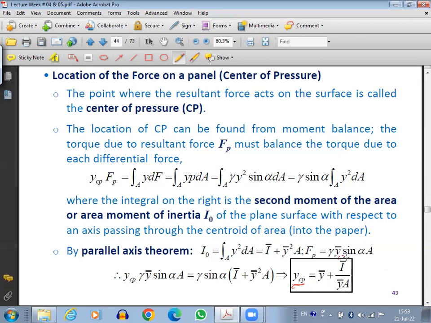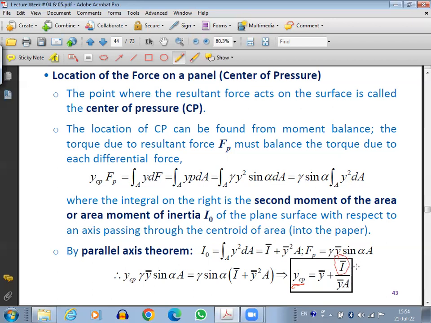Now I bar is the second moment of area for this surface. If you have a rectangular surface, it is the second moment of area for a rectangular surface. A triangular surface, circular surface, we can have an oval surface, elliptical surface, whatever surface it is, the second moment of area of that surface is basically I bar.